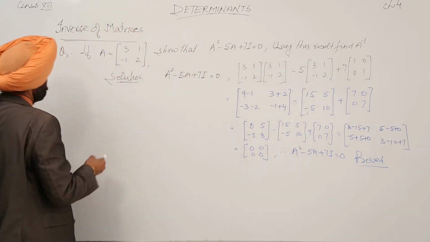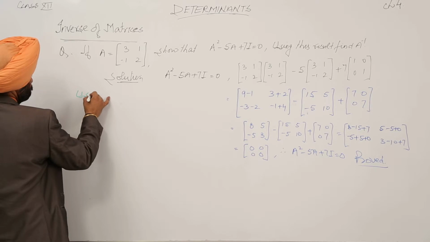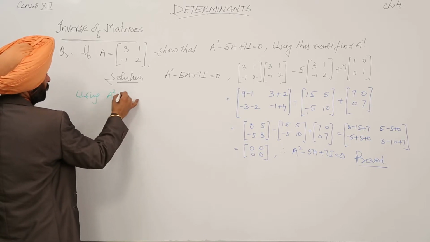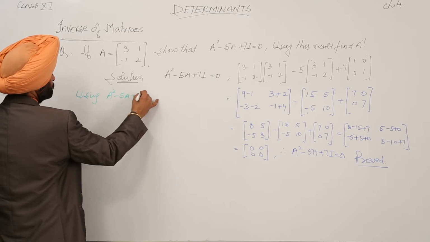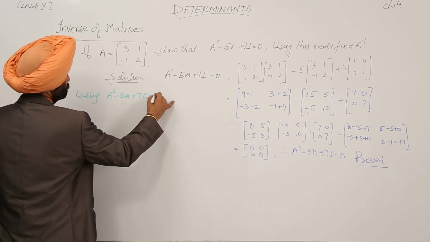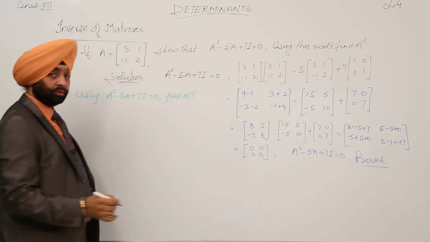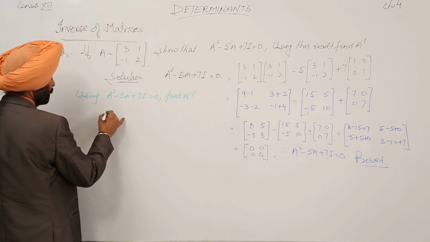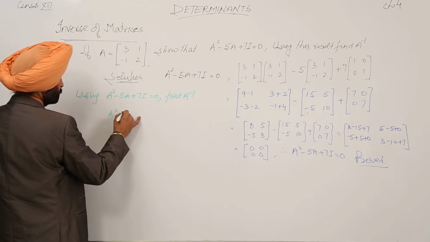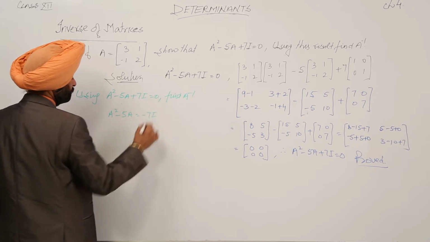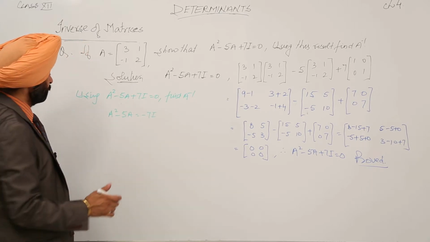Now, using A squared minus 5A plus 7 times the identity matrix is equal to 0, find A inverse. Let's check it. We have A squared minus 5A is equal to negative 7 times the identity matrix.